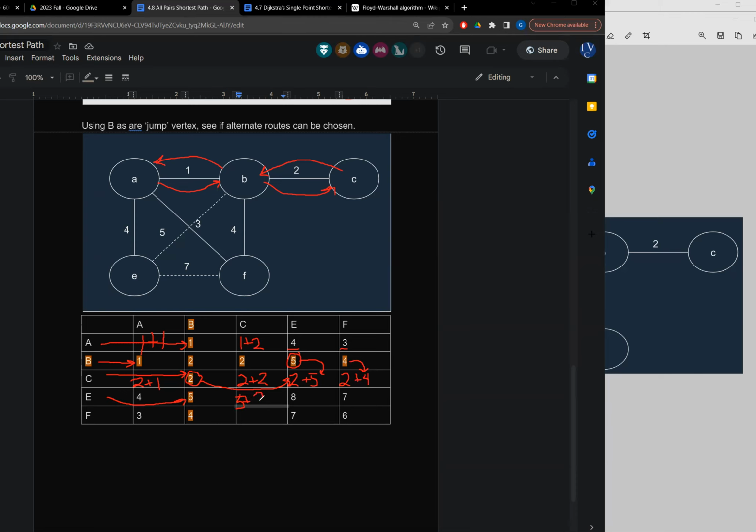I can draw a 2. 5 plus 5 is not better than 8. And 5 plus 4 is not better than 7. And so we're going 4, not better than 3. 4 plus 2. 4 plus 5 is not better than 7. 4 plus 4 is not better than 6.